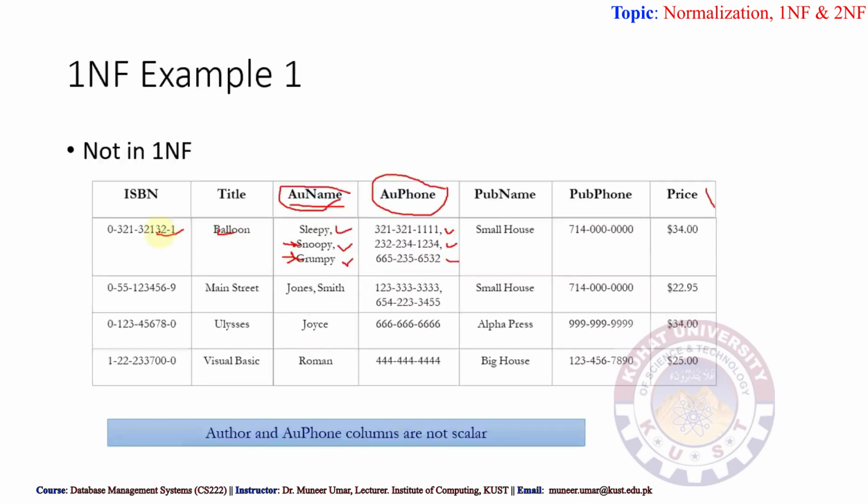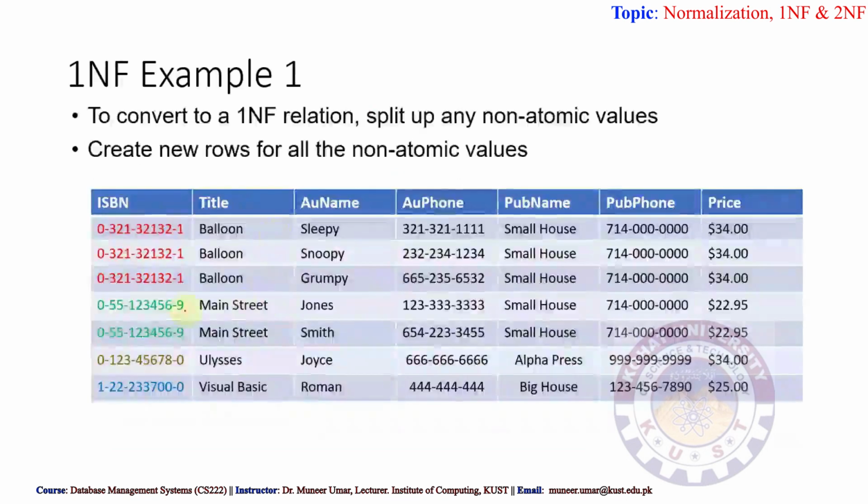Like here, this item will be repeated for Sleepy, for Snoopy, and for Grumpy. Balloon will also be repeated. We can see these values here, these are repeated, and here we now have scalar values. The phone number is also not repeating, so these are now atomic values, and the rest of the values are repeating.